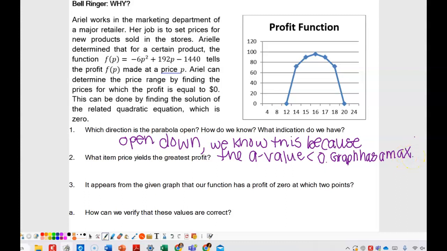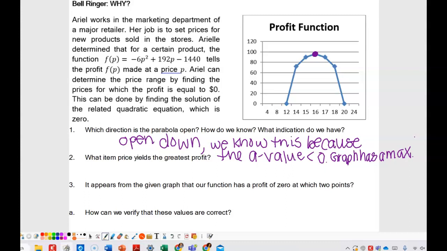What item price would yield the greatest profit? The greatest profit, if that's a profit curve, is going to be at our maximum. So again, if that is the profit function, the greatest profit would occur at the max.